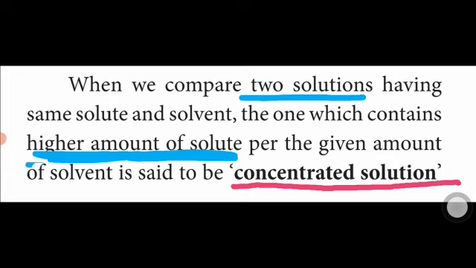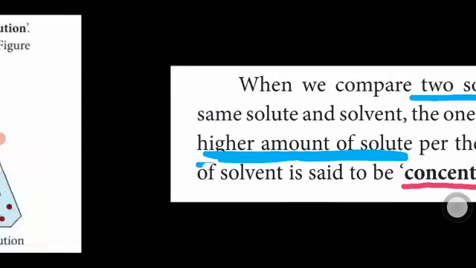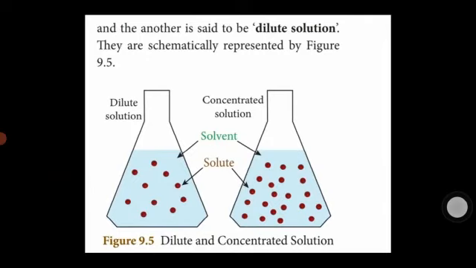The higher amount of solid present in a solution is called a concentrated solution. The lesser amount of solid present in a solution is called a dilute solution. This is dilute and concentrated solution.